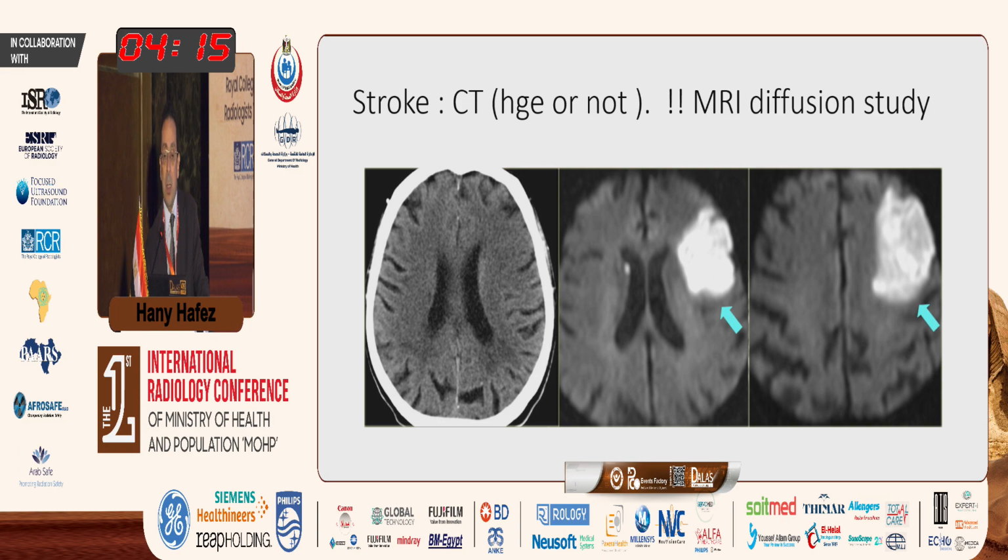In stroke, CT is the first imaging modality to detect hemorrhage or no hemorrhage. If there is no hemorrhage and we are suspicious of stroke, we shift to MRI diffusion study, which is accurate. That's the case with nothing on CT scanning and restricted diffusion on MRI.